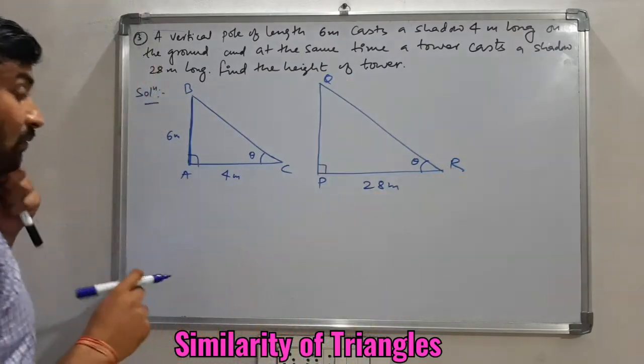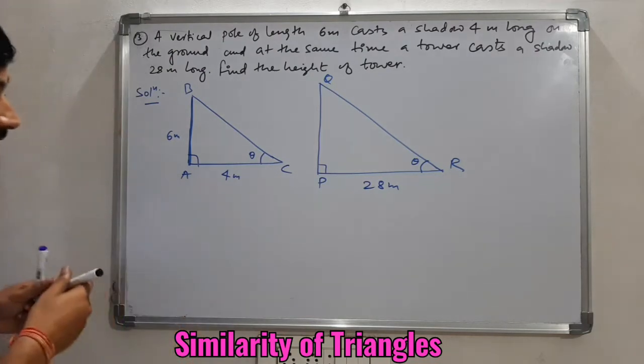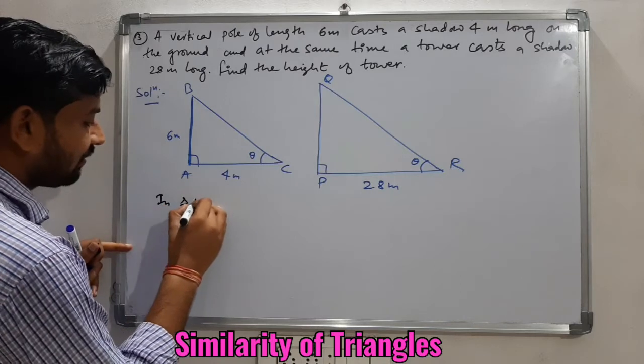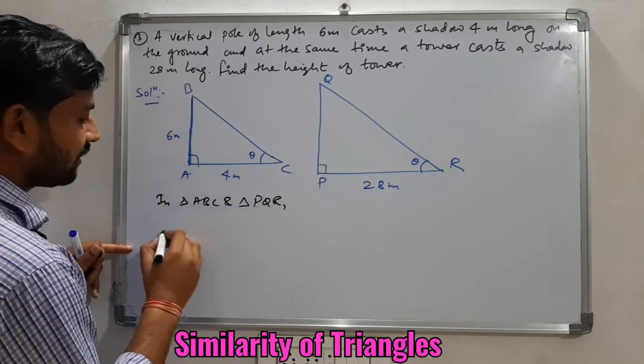Now if we look at these two triangles, triangle ABC and triangle PQR, what can we write?